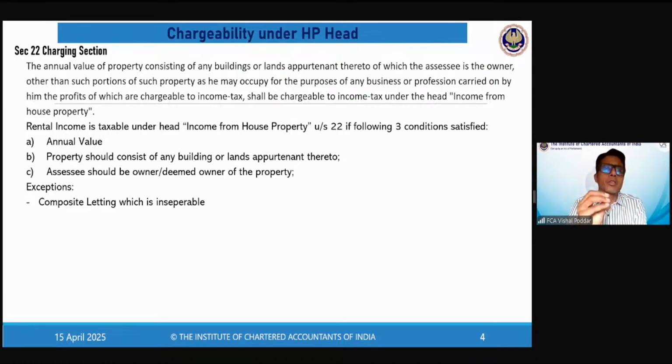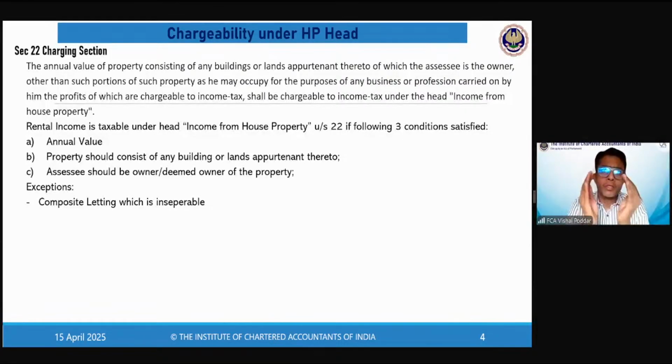Such a case is called an inseparable composite letting. So two things are given together, that is why composite. And inseparable means that the contract is such or the requirement is such that independently we are not ready to take the property without these assets.